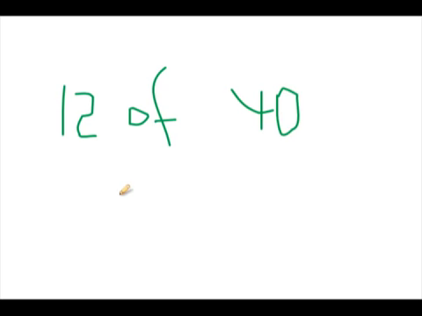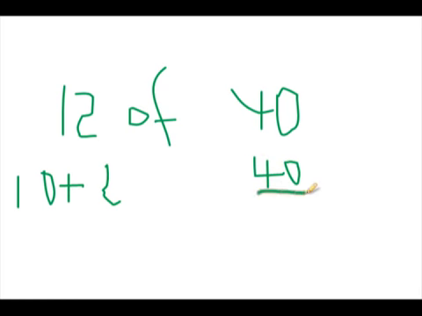Same thing: 12 is 10 plus 2, right? So you just compute the 10%. You know how to do it. Remember, we divide by 10. It's going to be 40 divided by 10, that gives me 4. That's the 10%.